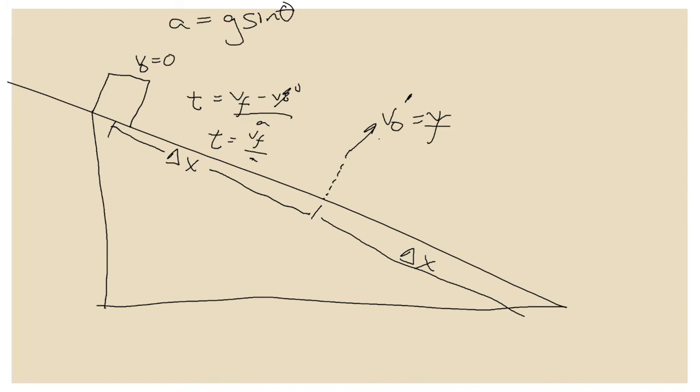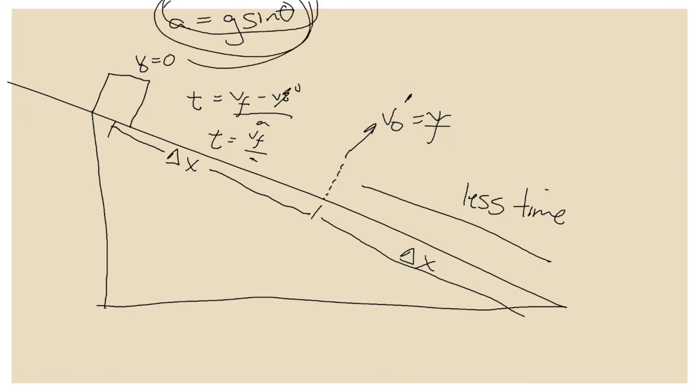And so it should make sense to everybody that in order to travel a certain distance, it's going to take less time if you start with a non-zero initial speed than it does if you start with an initial speed of zero. Because this distance is traveled in less time, the acceleration doesn't act for as long.